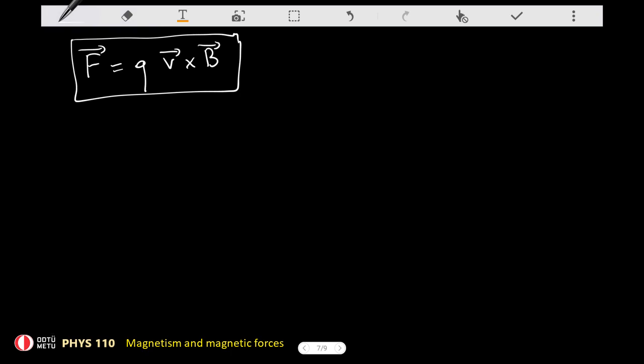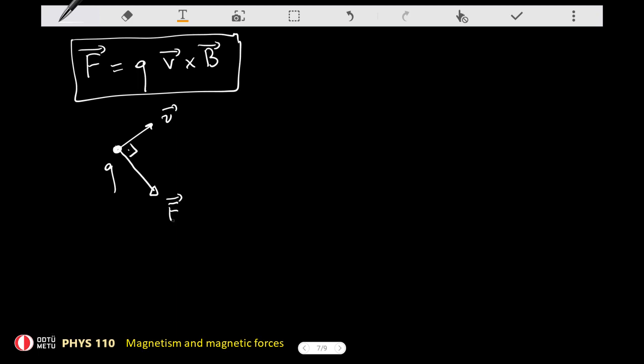So one of the interesting features of that force is that its power is equal to 0. Let me show it like that. I'm considering a particle in here, which is perhaps moving like that. The force applied on that particle is always perpendicular to the velocity.